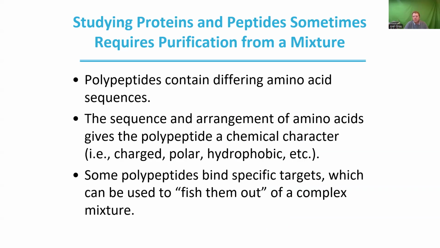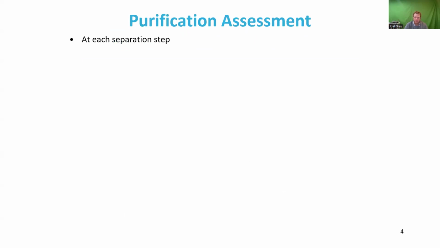The sequence and arrangement of amino acids gives the polypeptide a chemical character. Is that molecule charged, polar, hydrophobic, etc.? Some polypeptides bind specific targets, which can allow you to fish those out. So one of the important parts of protein analysis is purification.